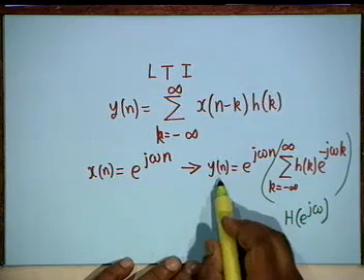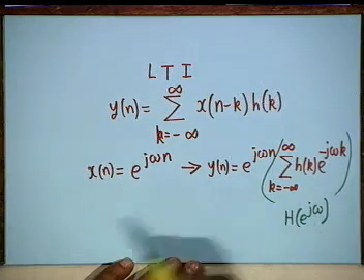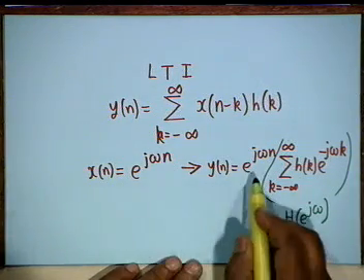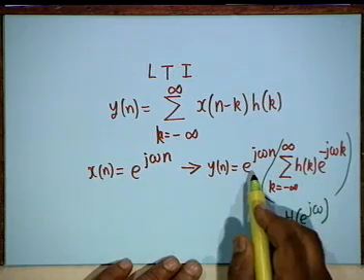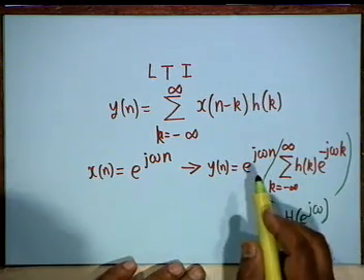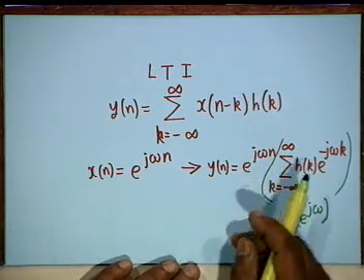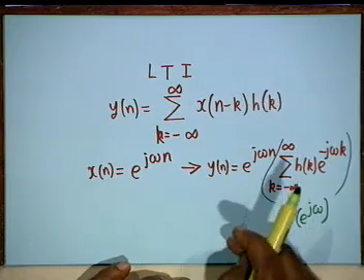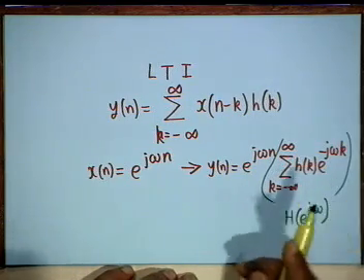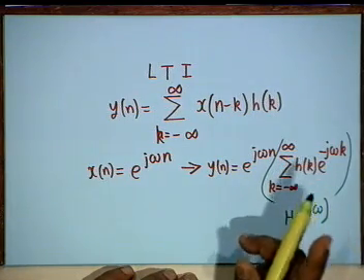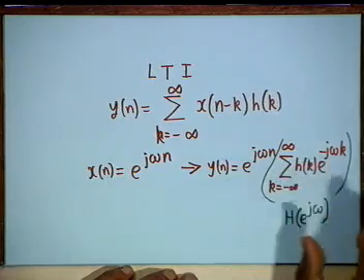Alright, so y of n is a constant h of e to the j omega multiplied by e to the j omega n. Such functions which, when supplied as an input to the system, produces an output which is a constant multiplied by the same function, are called eigenfunctions.